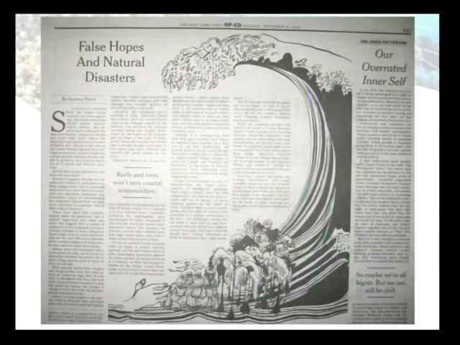One of the ways that I've tried to affect policy is expanding my range of areas that I publish. And so this is an opinion piece that I wrote for the New York Times. It was published on the 2nd anniversary of the tsunami. Julian Cribb, Sean, Catherine and Terry also helped me put this article together. In this article, False Hopes and Natural Disasters, I make all these points.